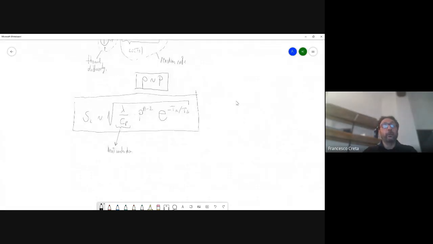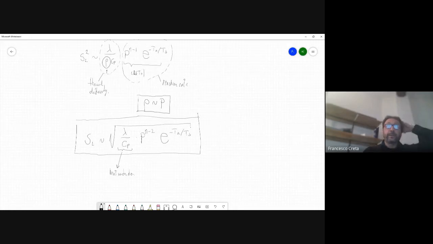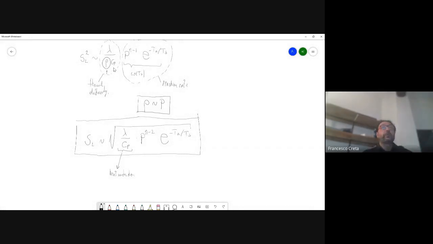In fact, going back to this other expression over here, you see that the density was at the denominator. This makes perfect sense because the higher the density of a gas, the harder it is to heat it up, to bring it to an ignition temperature.